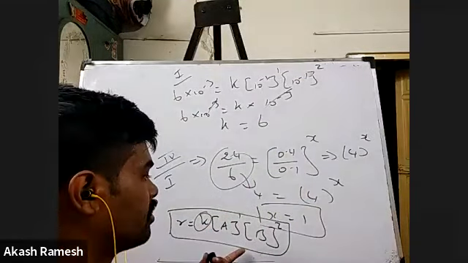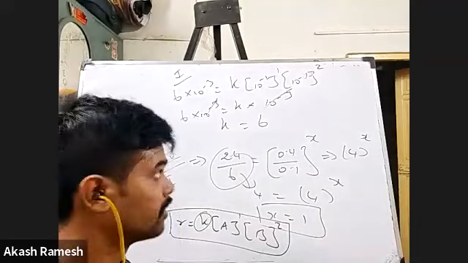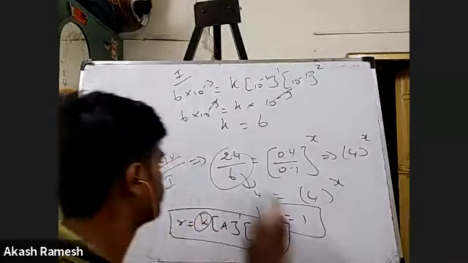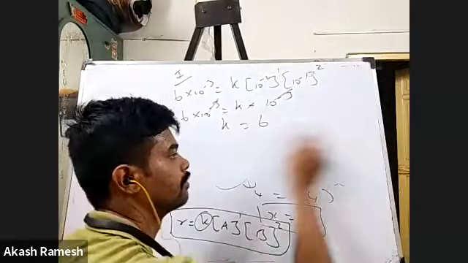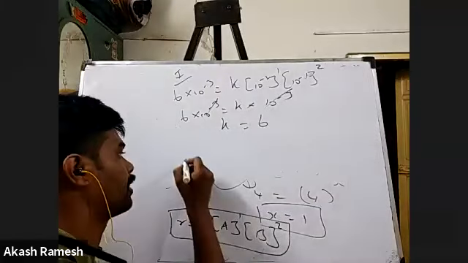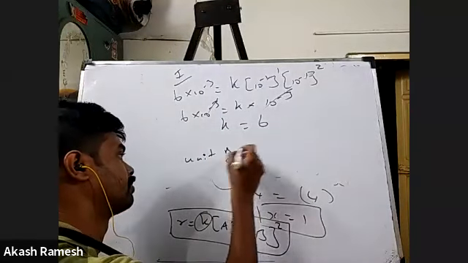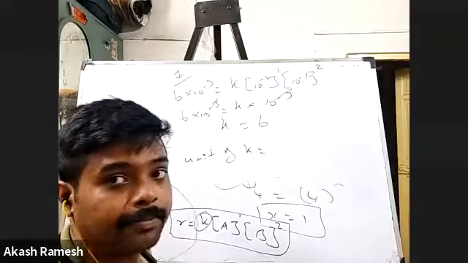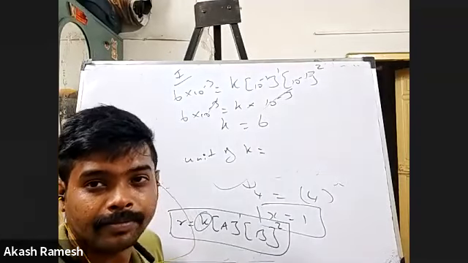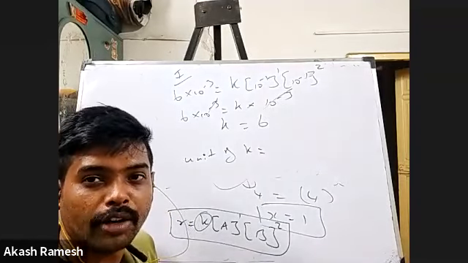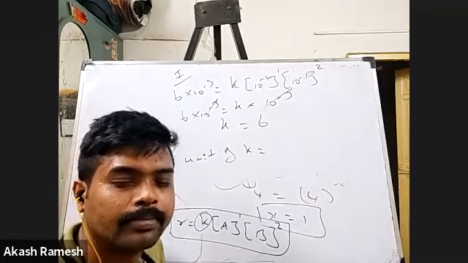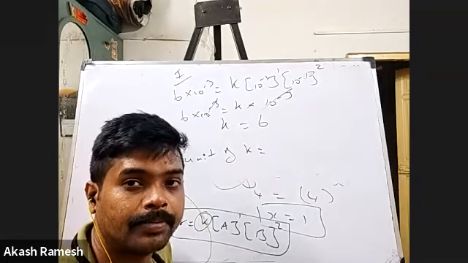Whatever now the order is 3, so you have to write the unit accordingly, right? So hope you remember how to remember the unit for k. I gave you a general formula to remember. What is the formula?